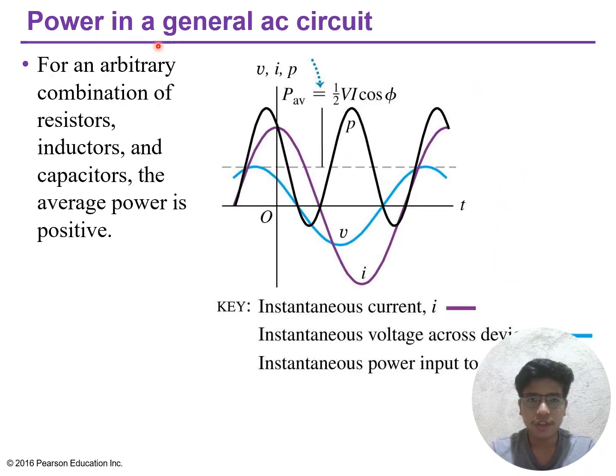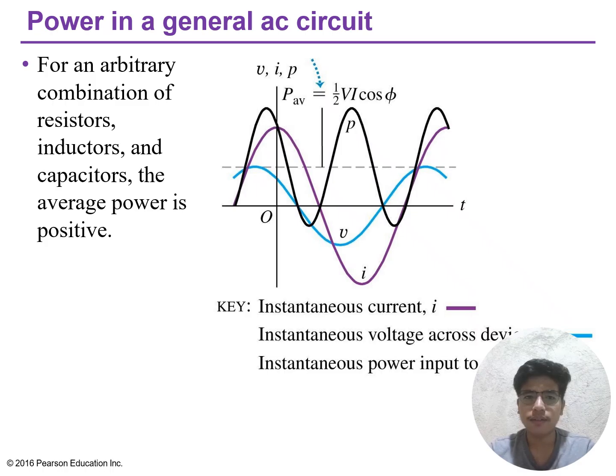While in a general AC circuit combining resistors, inductors, and capacitors, voltage V and current I have an arbitrary phase angle phi between 0 degrees and 90 degrees, as shown by the phase-shifted sinusoidal curves, where the blue voltage leads the black current by phi.